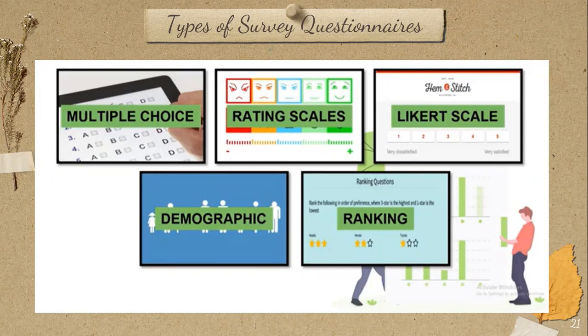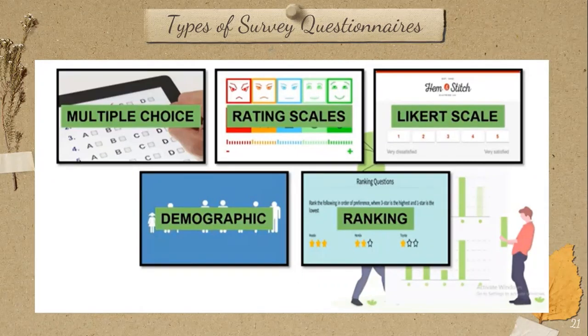It asks respondents to rank the given choices based on their preference. The type of survey question that you will use on your study still depends on the data that you need for your research.